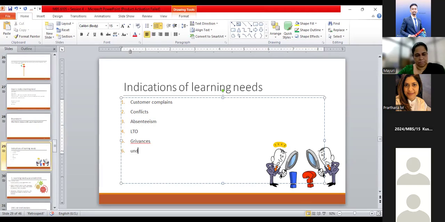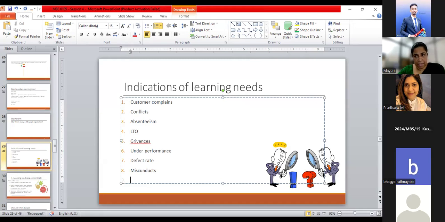Underperformance? Defect rate? Misconduct? Leaving jobs.